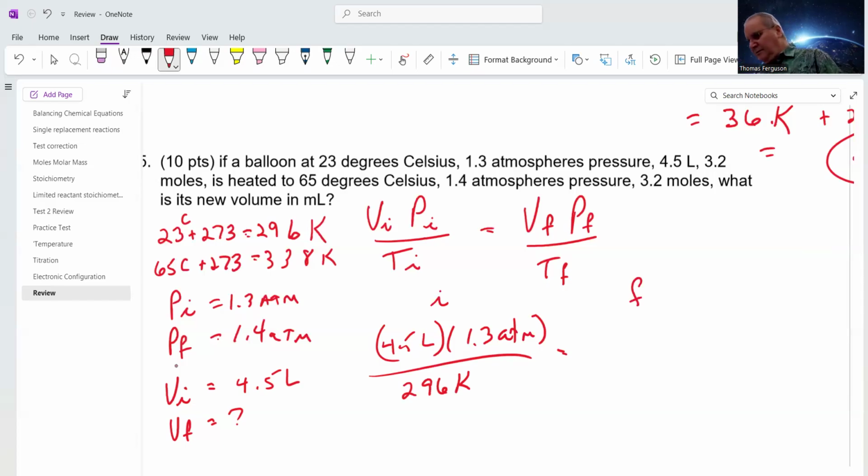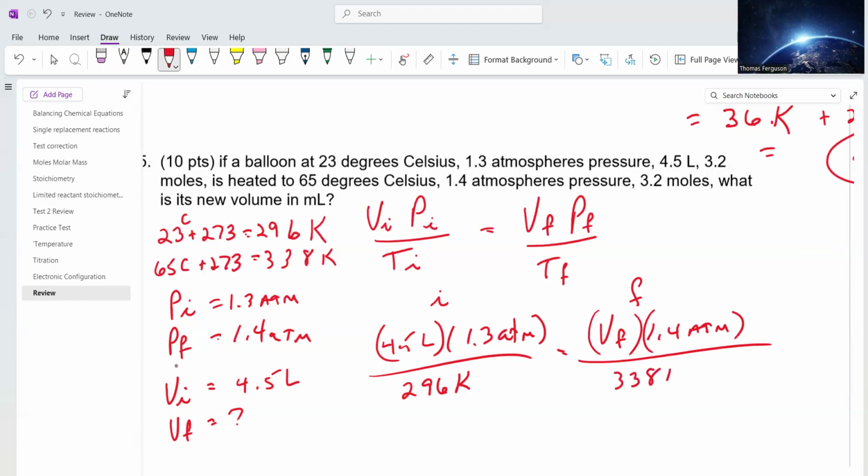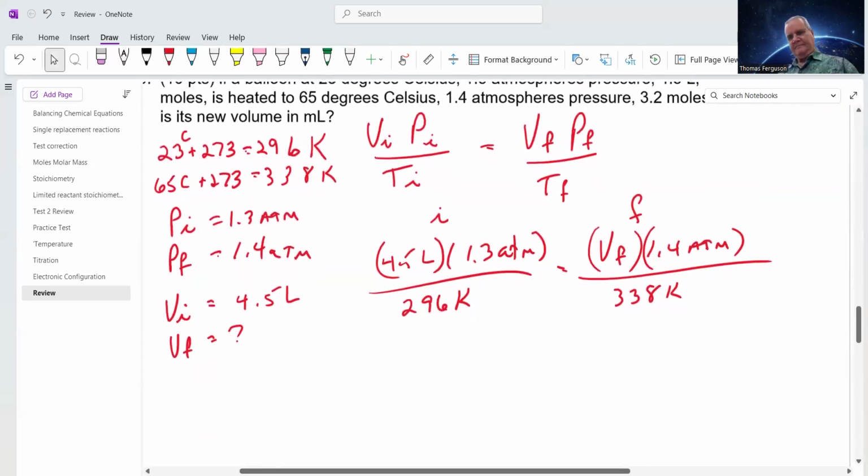Okay, final volume is, we don't know what that is. Final pressure is 1.4. And final temperature is 338. Okay, so we're going to solve for V final.